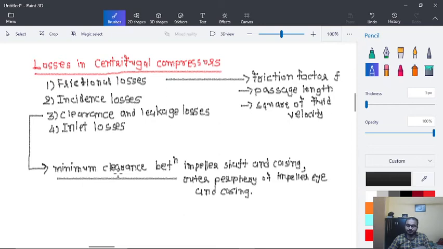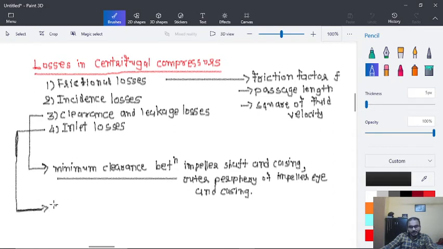Then we have the inlet losses. So here, what is it about inlet losses?